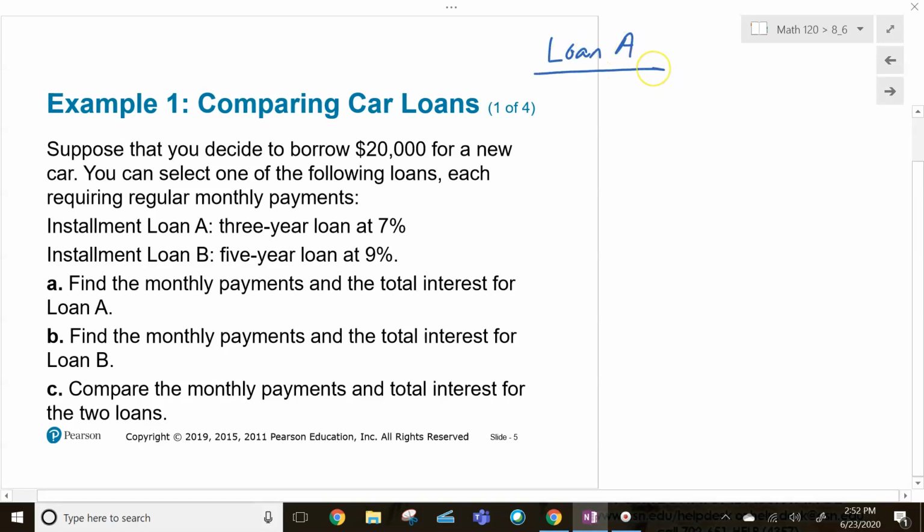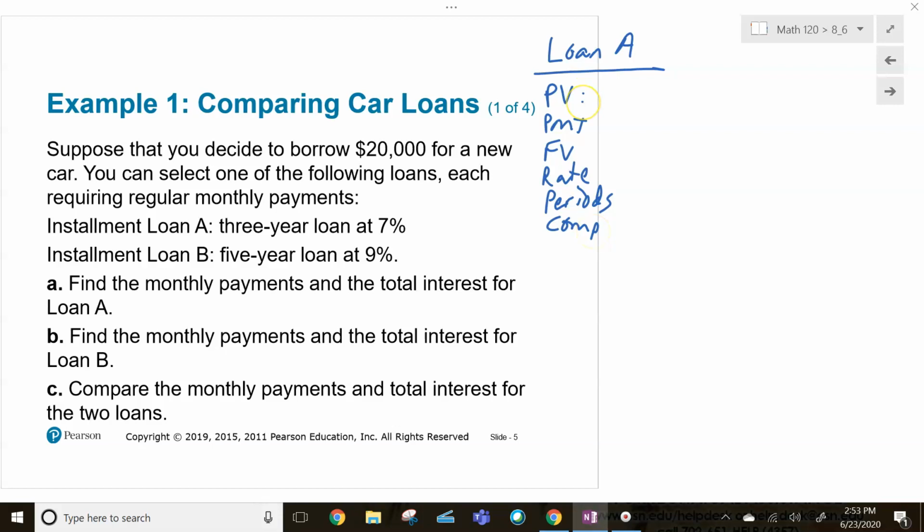Now for a loan, the present value is how much you're borrowing. So you're borrowing $20,000 from the bank.